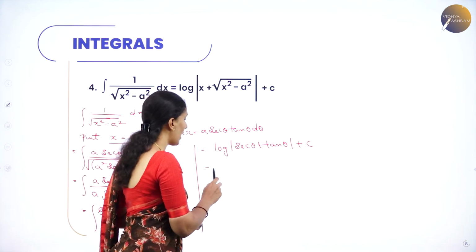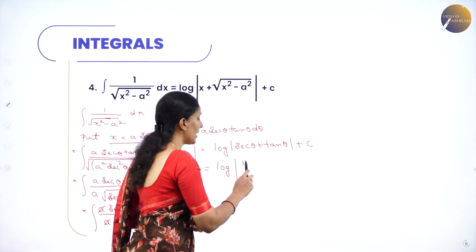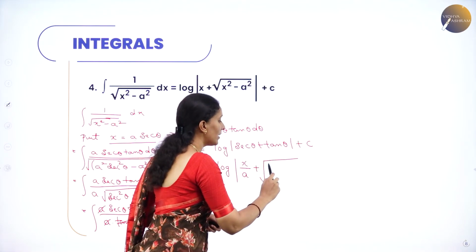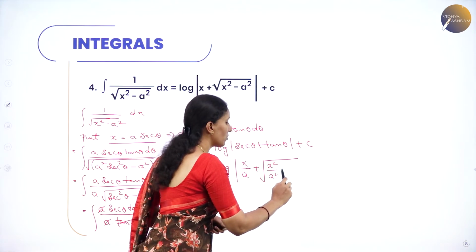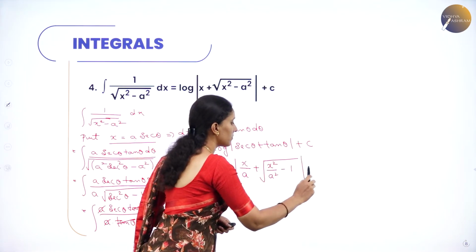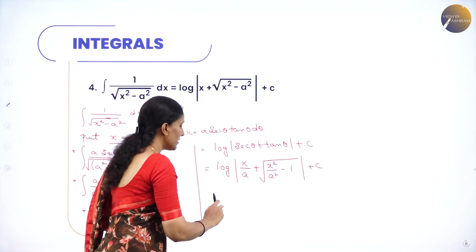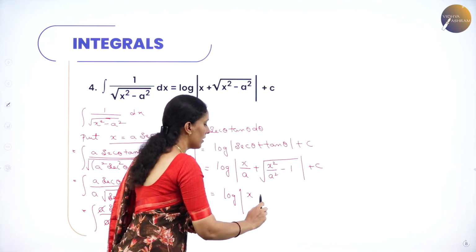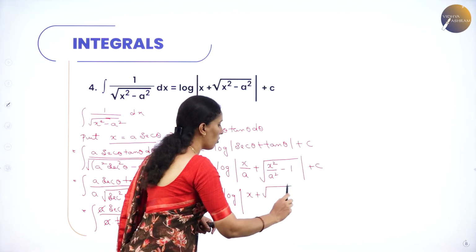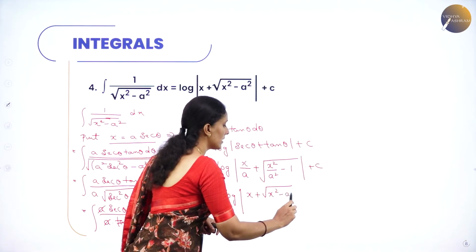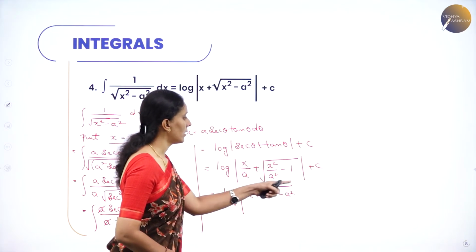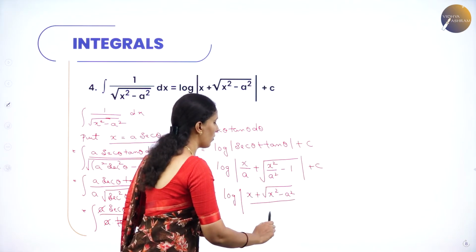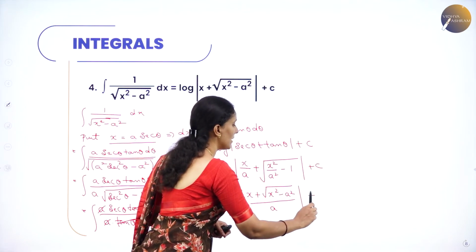So therefore here what happens? Log of x divided by a plus, this can be written as secant square theta minus 1 means x square by a square minus 1, plus c. If you rewrite this, you will get log of x plus square root of x square minus a square, divided by a constant, a, plus c.